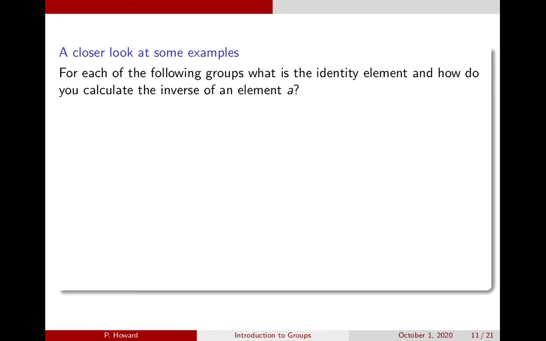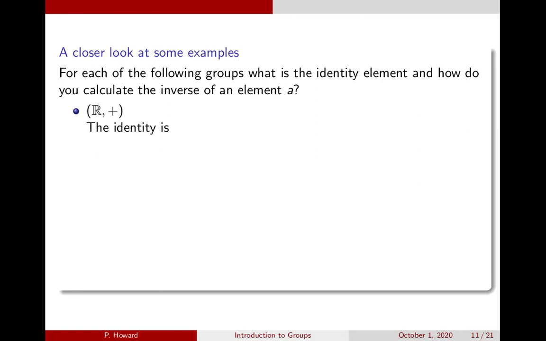So let's take a closer look at some of the examples from the last couple of slides. I want to look at the example, find the identity element, and see how you calculate the inverse of an element. So these are all pretty straightforward examples. What if we take the real numbers and the operation of addition?